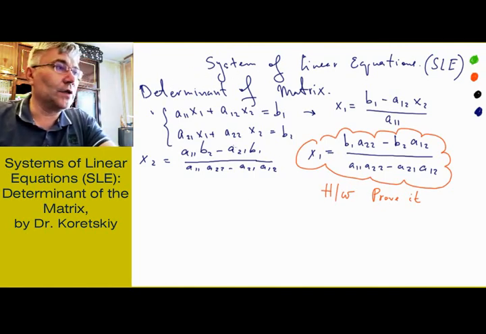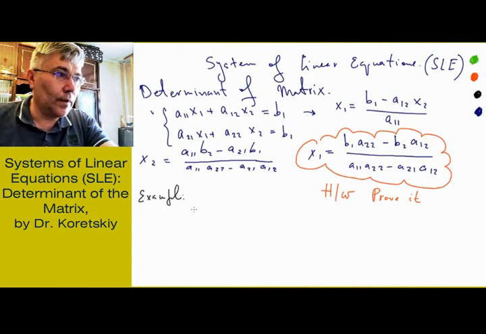Let's make one example firstly. For example, I have the equations 1x1 minus 2x2 equal 3, 2x1 plus x2 equal 5.